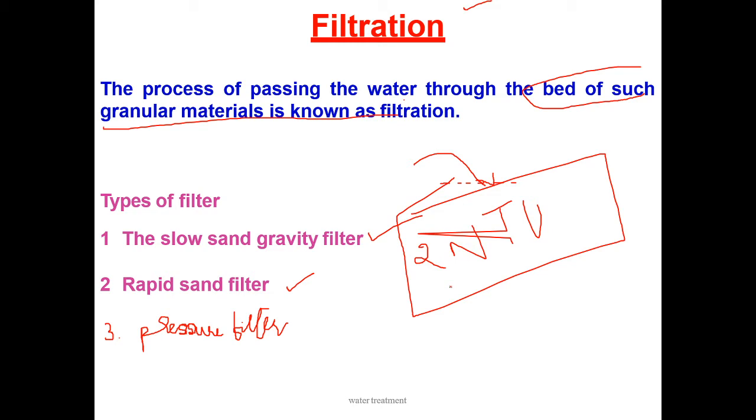Simply, you cannot see through the water. It is fully contaminated with mud, some small organic and inorganic matter. That is called turbidity simply. Technically, if you scatter the light through the water, you cannot see with your naked eye. That is called turbidity.